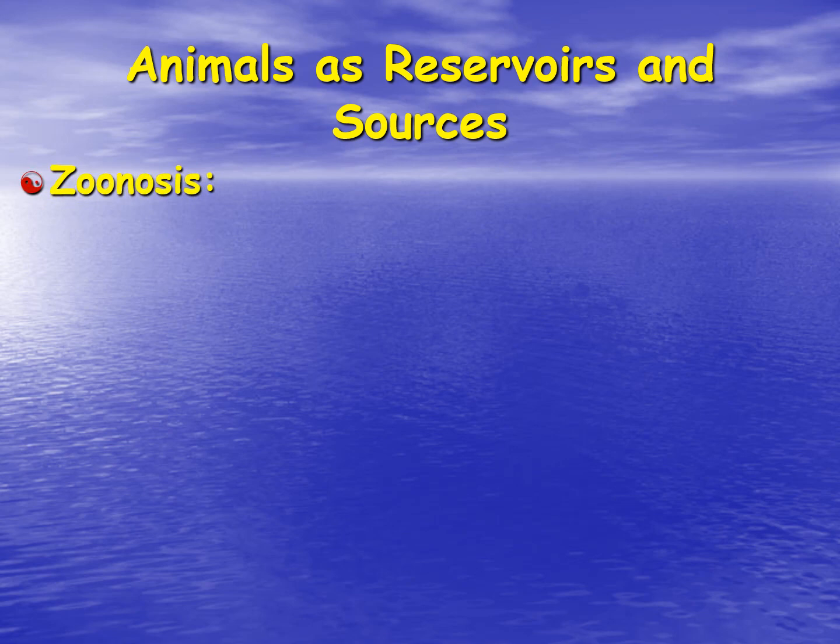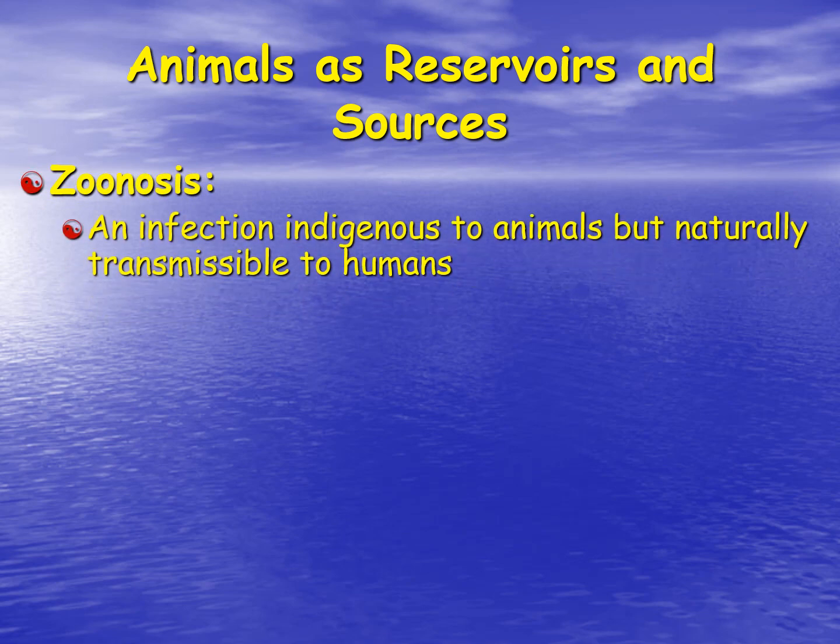Now, a zoonosis is an infection that's indigenous to animals but naturally is transmissible to humans. And most of the time, zoonotic diseases do transmit from the animal to the human. But there are some diseases that humans actually can transmit back to the animal. I used to never have to deal with MRSA in my domesticated dogs and cats.